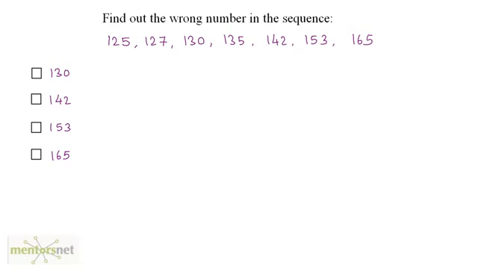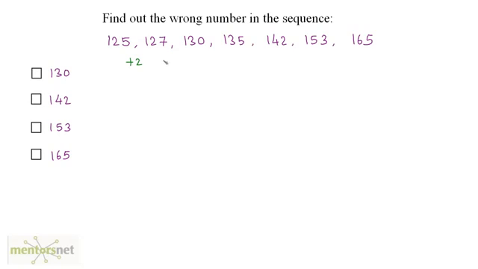Okay, so what is wrong with this sequence of numbers now? Okay, so consider the first number and the second number. In order to obtain the second number from the first number, you'll have to add 2, right? 125 plus 2 is 127.